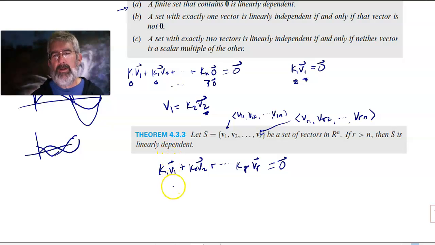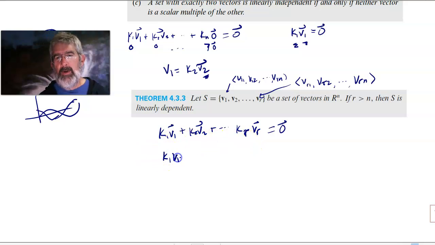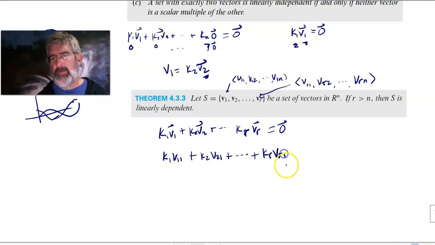Okay. Well, the thing is here, we're in Rn, so this single vector equation actually corresponds to n real number equations, right? The first equation would be the first component here. So the first component, when I add up everything on the left-hand side, would be k1 v1 first component plus k2 v2 first component plus all the way up to kr vr first component.